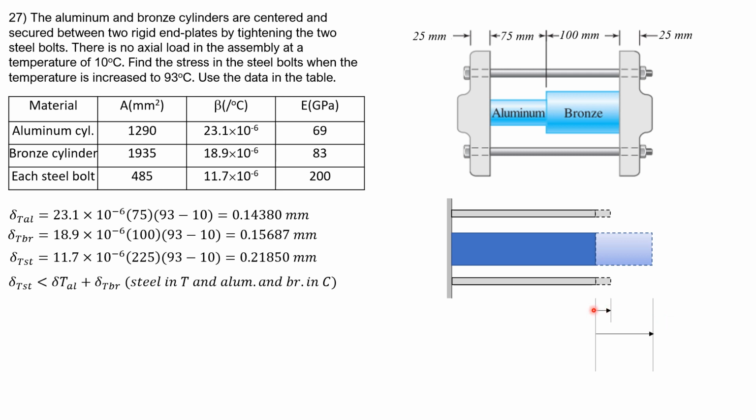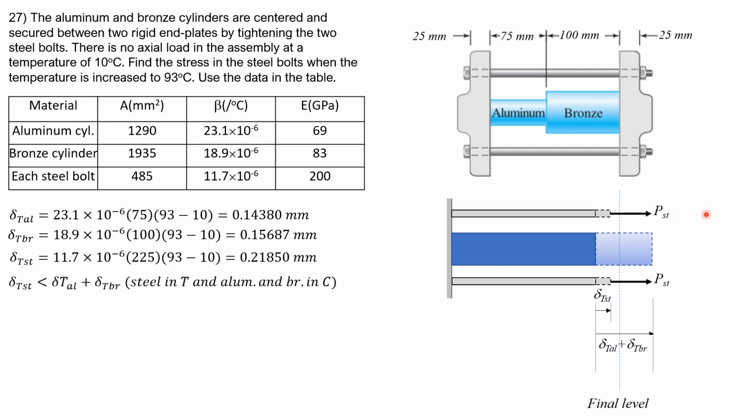So we have delta T of steel, this one delta T of bronze and aluminum combined. Then due to stresses, let us say this is the final level, then the steel will elongate further.